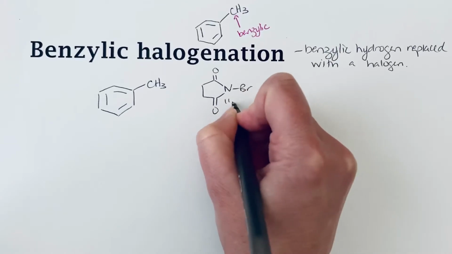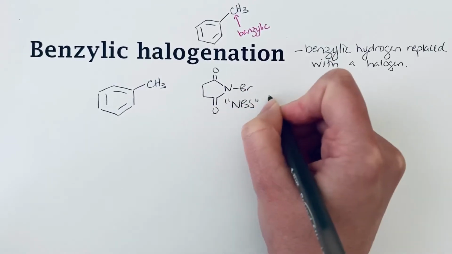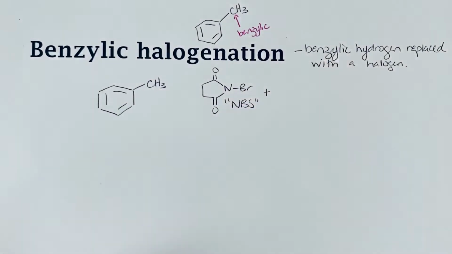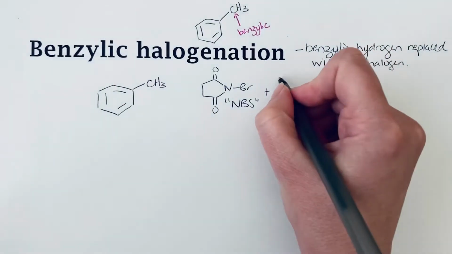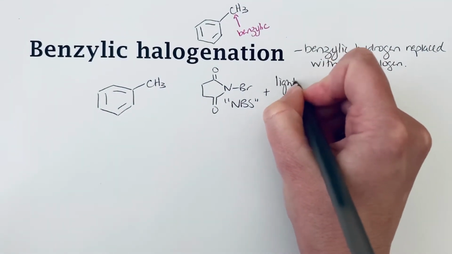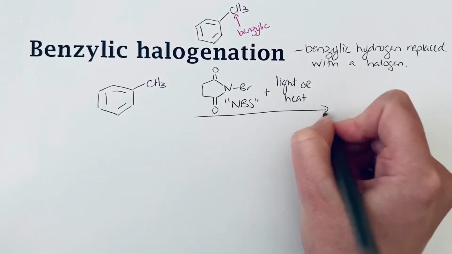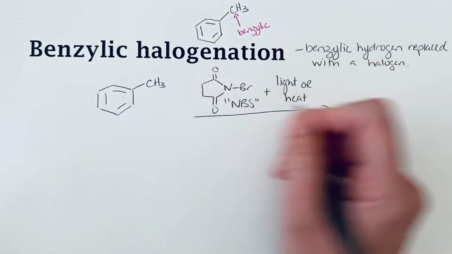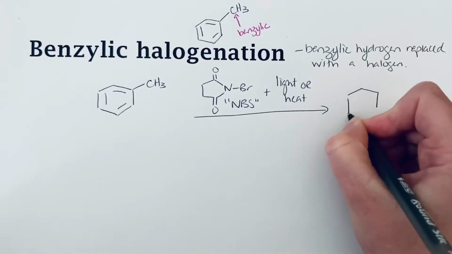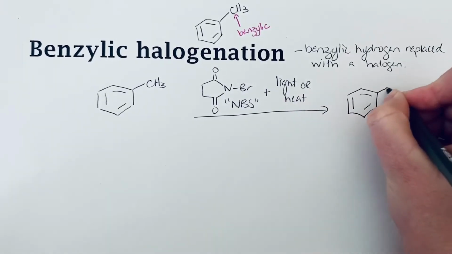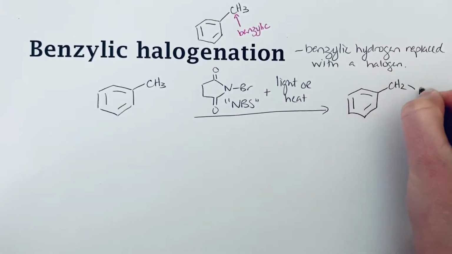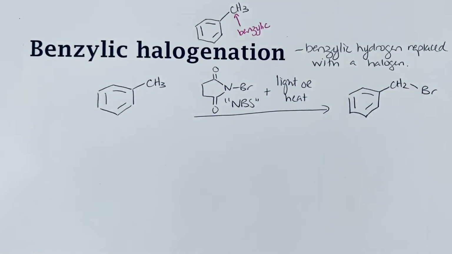So that's NBS. And we need something to initiate the radical reaction, so something like light or heat. This will allow us to replace one of those benzylic hydrogens with a bromine. In this case, we would end up with benzyl bromide as the product.